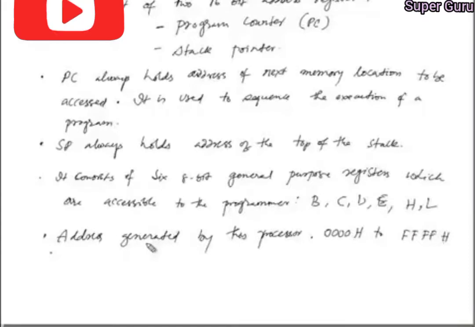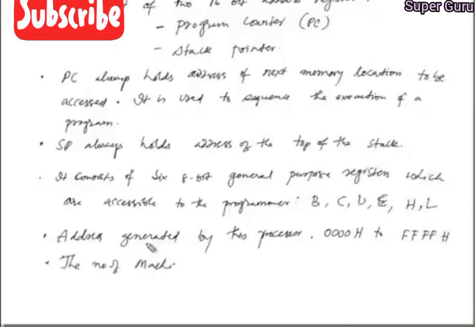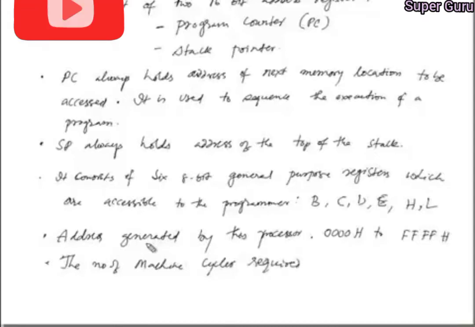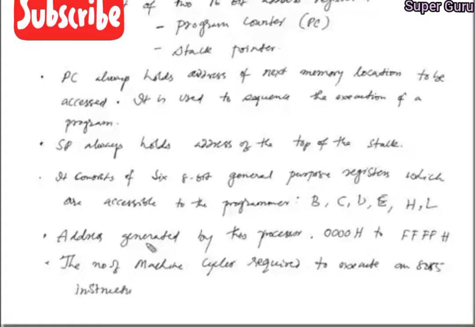Next, the number of machine cycles required to execute an 8085 instruction varies from 1 to 5.